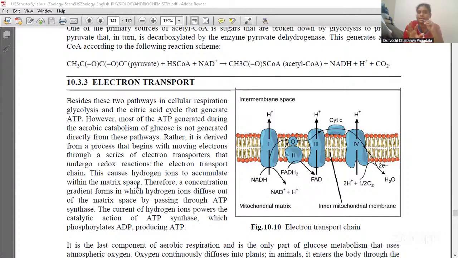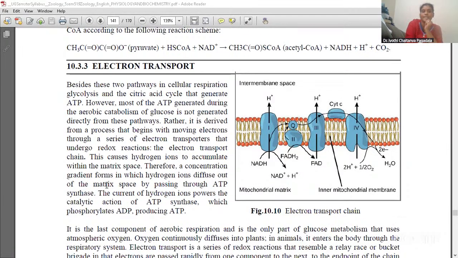Therefore, a concentration gradient forms in which hydrogen ions diffuse out of the matrix space by passing through ATP synthase, and the current of hydrogen ions powers the catalytic action of ATP synthase, which phosphorylates ADP and produces ATP. Here it is an energy generation reaction.